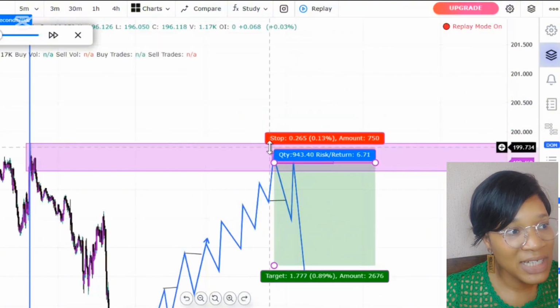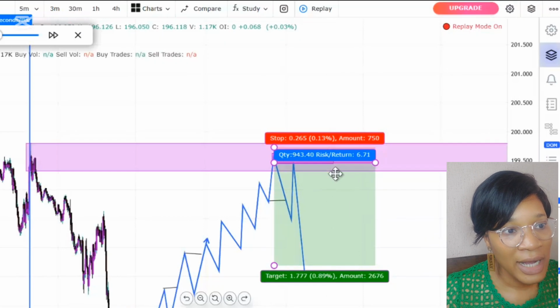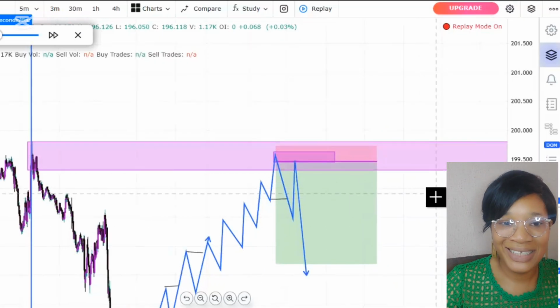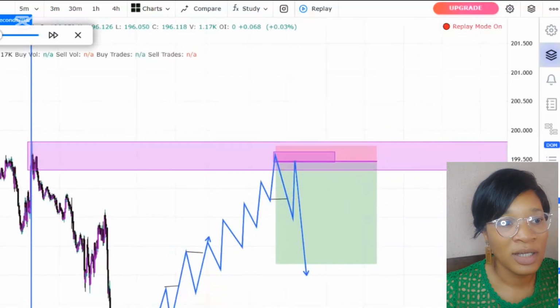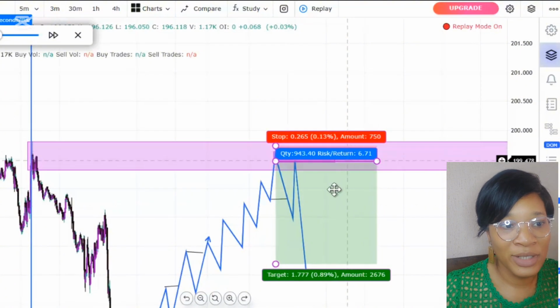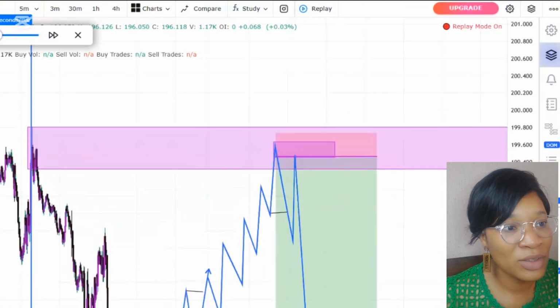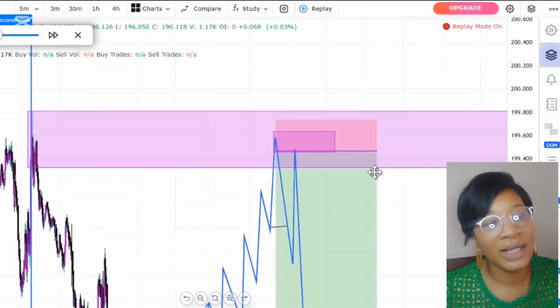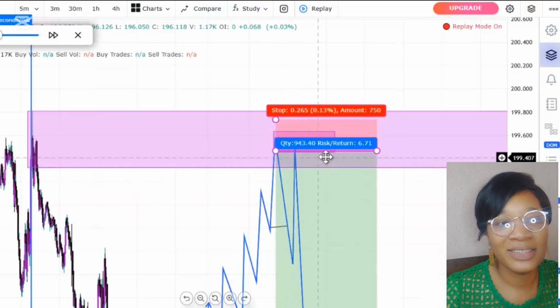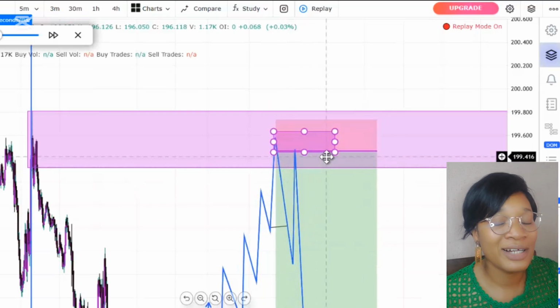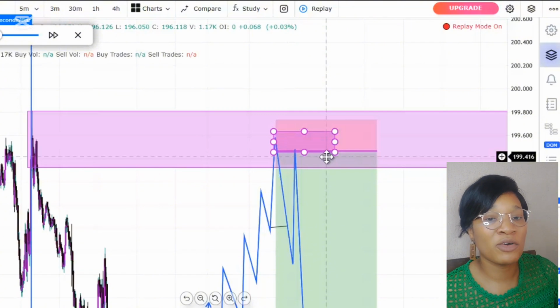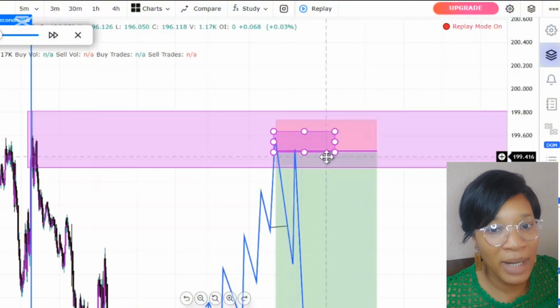I can just leave it at the top of my smaller zone, inside of the bigger zone. If we go down and look at the numbers quite well, no matter how you look at it, you tend to have a smaller stop loss, unlike when you are trading from the larger zone that you have marked.